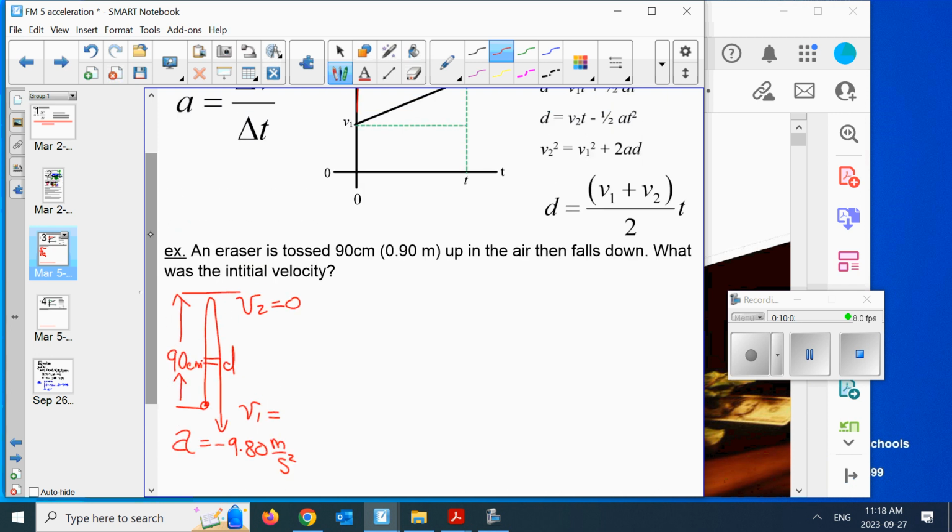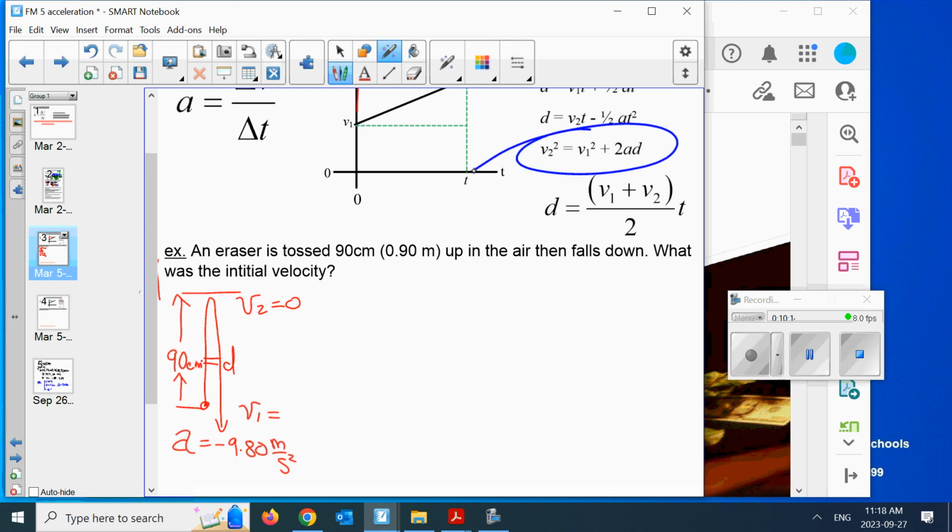the formula has 1, 2, 3, these 4 variables: V2, V1, D, and A. So I look through this, and I see it's the one with the squares, right? This one. I can use that one. If you've got them all listed, there's always one formula that will work.